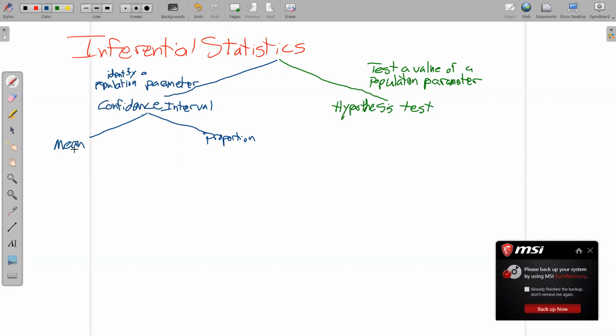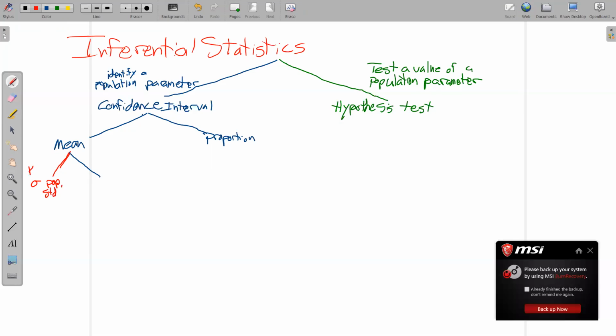Now, as far as a mean, there's a couple of things to consider about the mean. I'm going to use two different colors. There's two different parts we might explore as far as the mean goes. And for the mean, remember the symbol sigma stands for the population standard deviation.